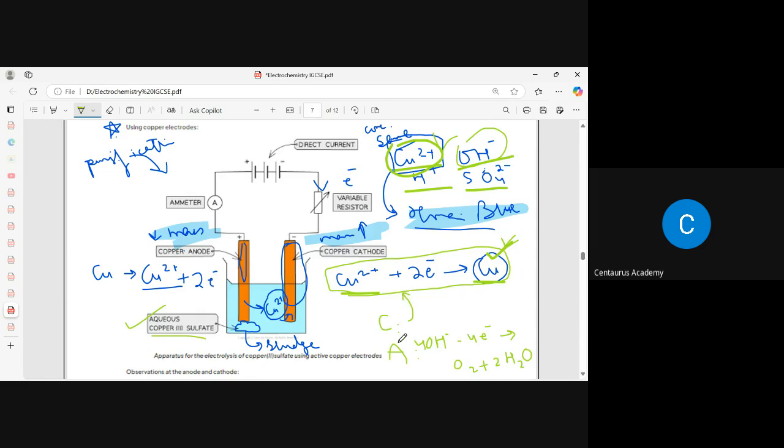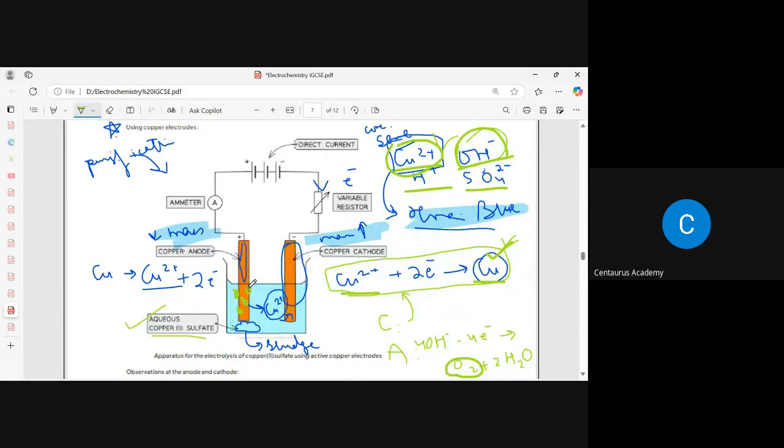What about the anode? The anode is not dissolving, since they're inert carbon anodes. They're unreactive. They do not take part in the process of electrolysis. So what happens? Hydroxide ions have a greater tendency, so they are discharged as oxygen gas at the anode. Bubbles of oxygen gas are observed at the anode.